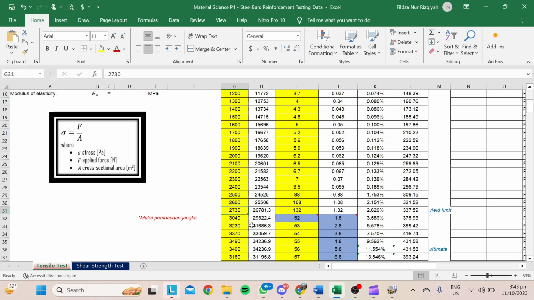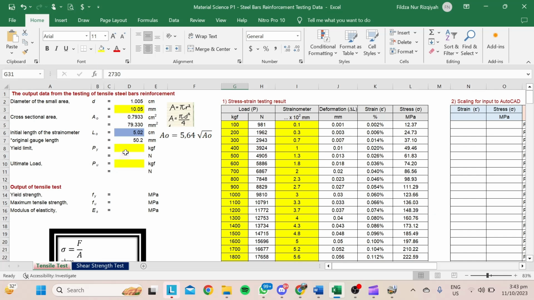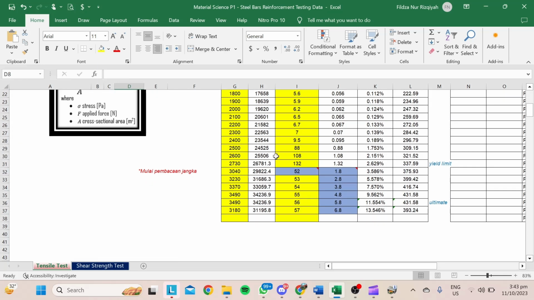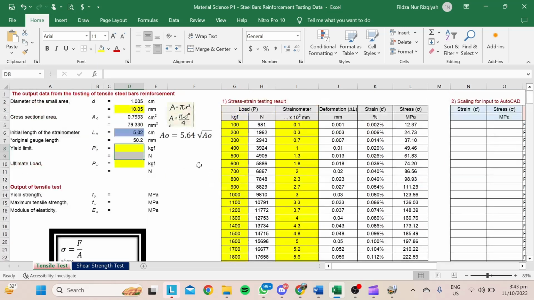From those two data that we have marked, we can input these cells referred from the data here: the yield limit in kilogram force and in Newton, also the ultimate load in the unit of kilogram force and in the unit of Newton.